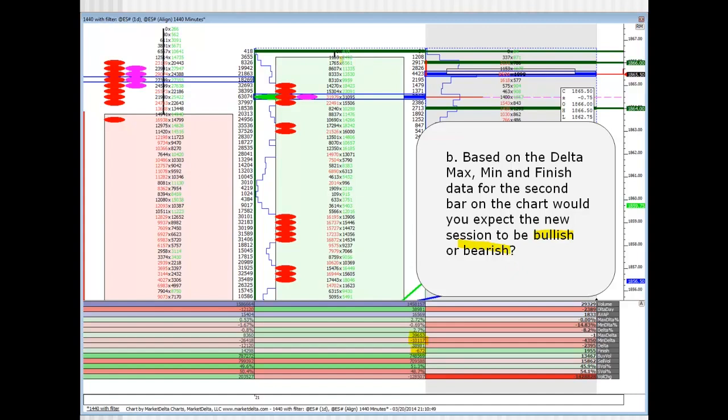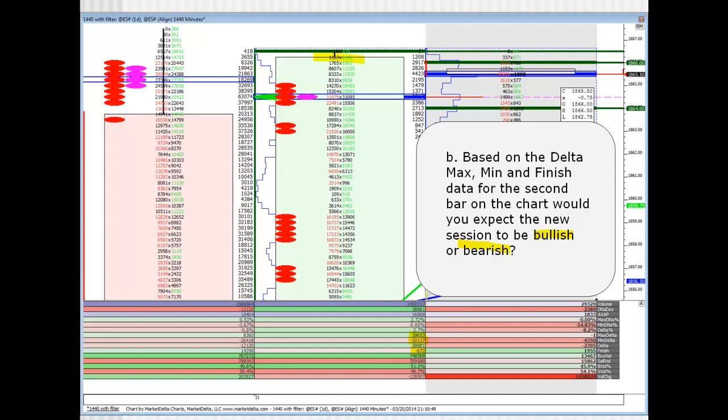And they encountered a little bit of selling, ever so little, minus 672, relative to a max delta of 39,653. So this is a very bullish close. Look at how we closed one tick below the high and one tick below the value area high.